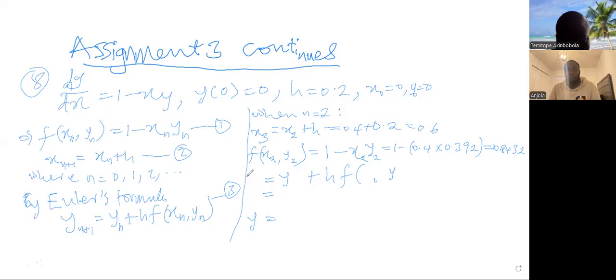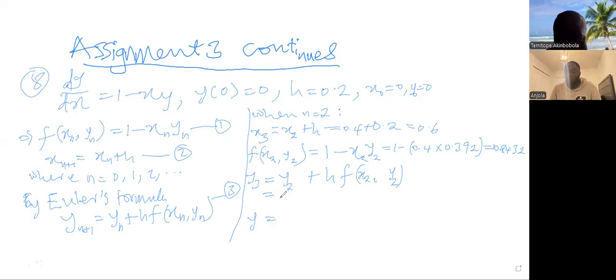Using equation 3 now, y of n plus 1. So we have 10 minutes left. y of n plus 1 will now become y of 3 because n is 2, equals y2 plus h times f of x2, y2.